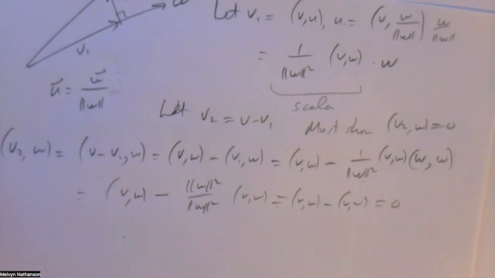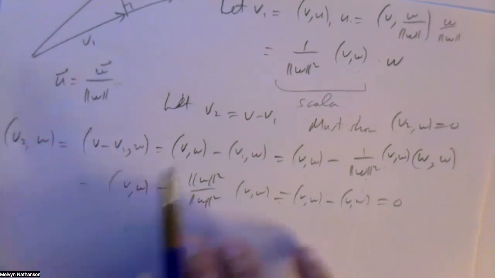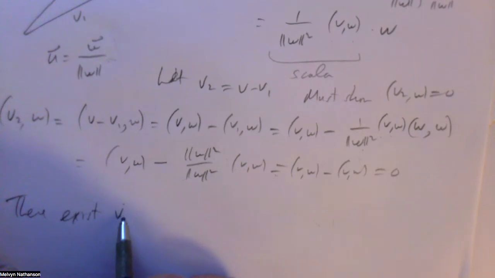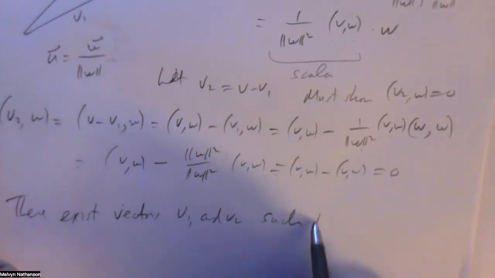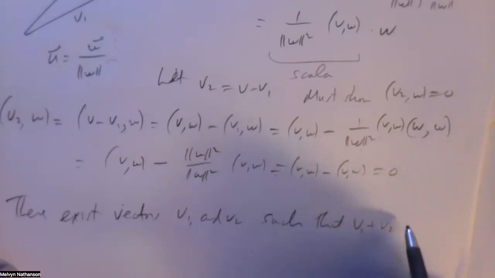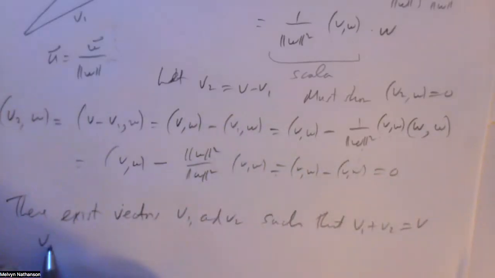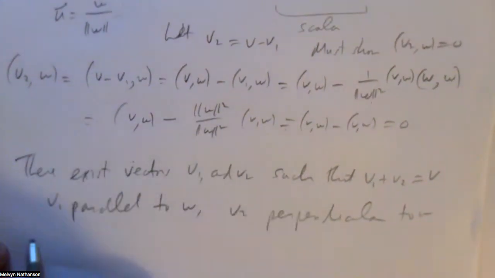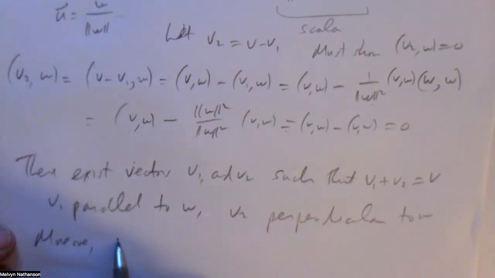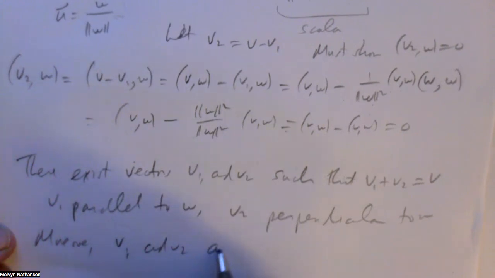So I proved, therefore, there exist vectors V1 and V2 such that V1 plus V2 is V. V1 is parallel to W. V2 is perpendicular to W. Moreover, V1 and V2 are unique.